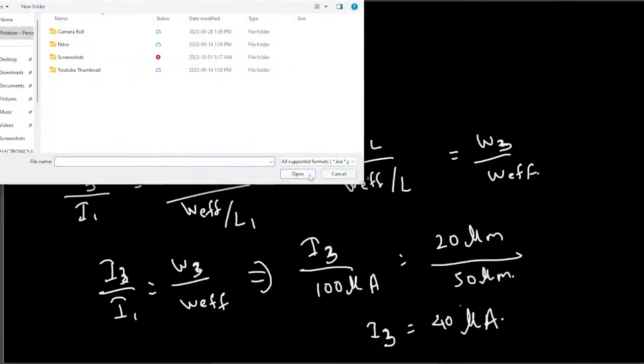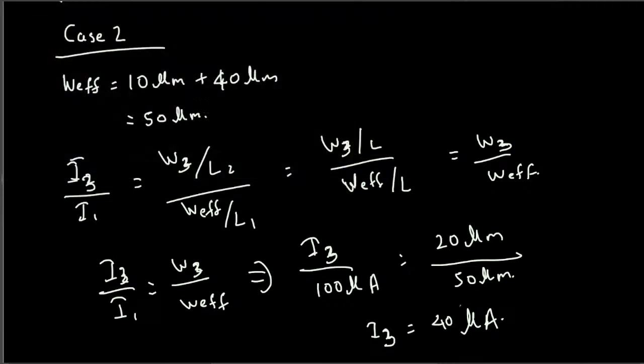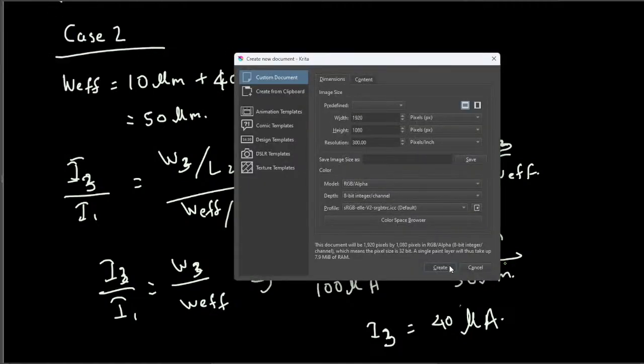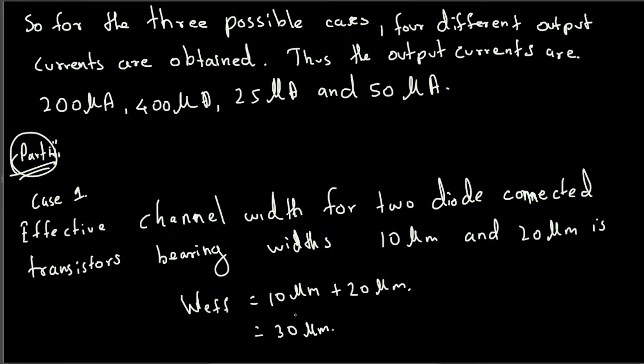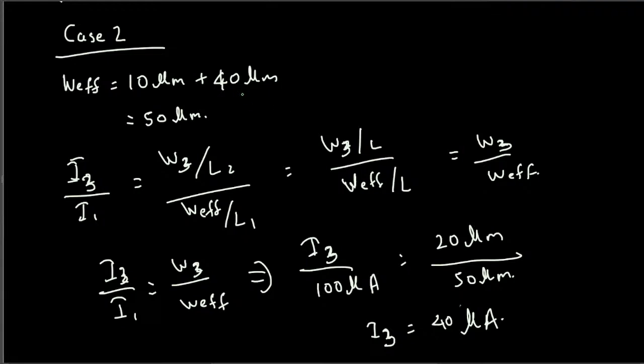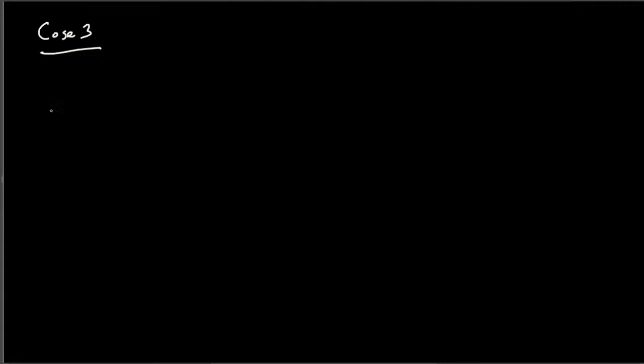Now let's look at the third case, case 3. We have chosen 10 and 20. We have also chosen 10 and 40. The only thing that's missing is 20 and 40. So let's choose that. W efficient is equal to 20 micrometer plus 40 micrometer, so that becomes 60 micrometer.